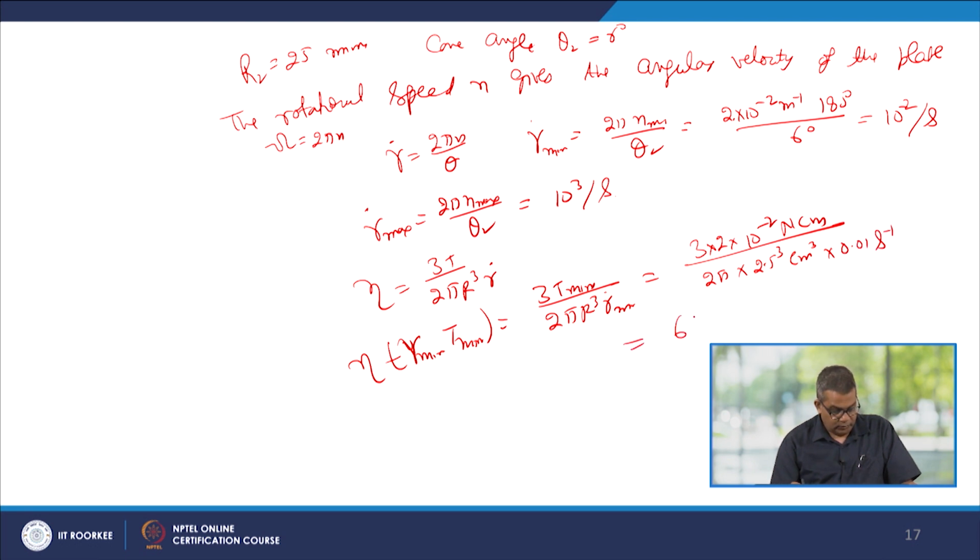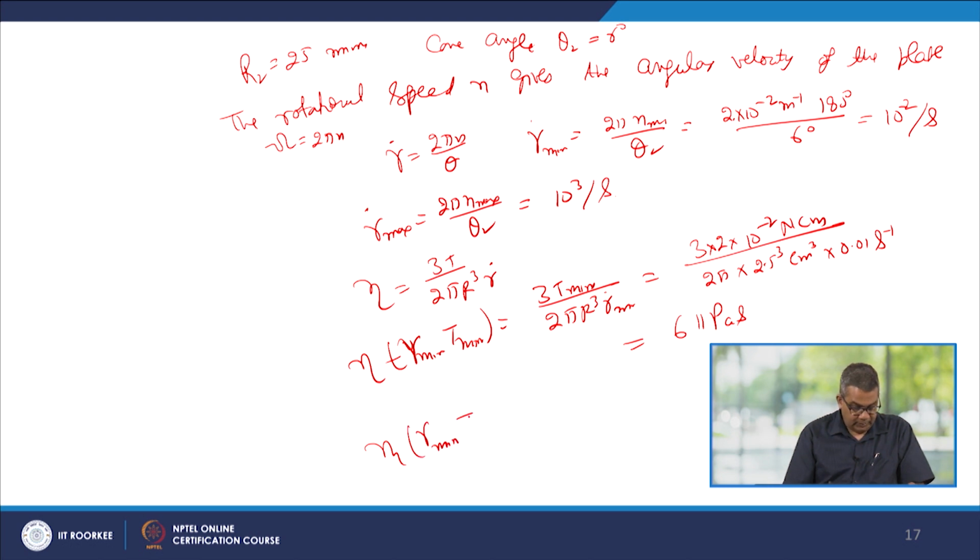This is equal to 611. So eta at gamma dot minimum, T minimum is equal to 6.11 into 10 to the power 5 Pascal second.